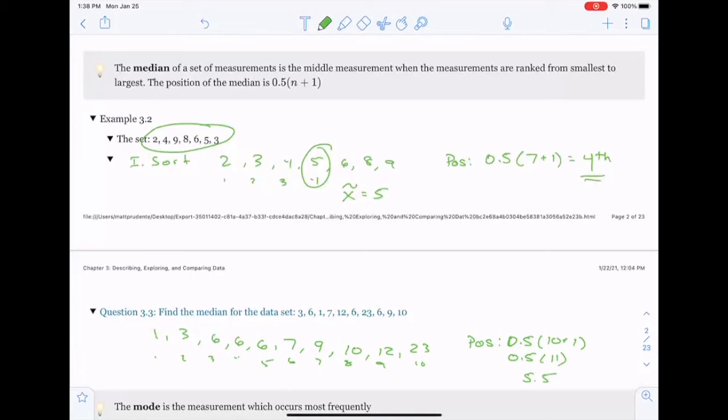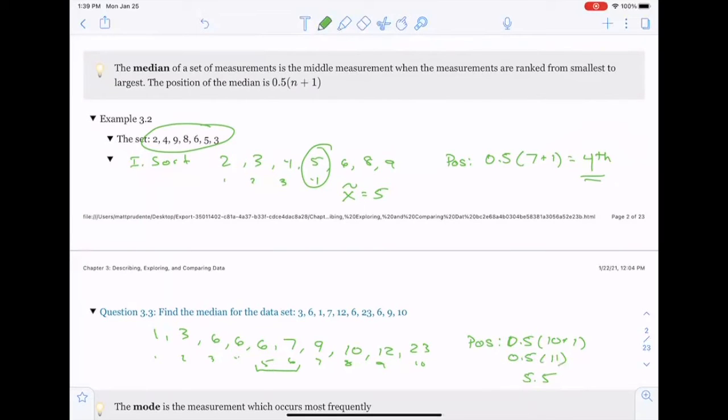And this is different because in our first example, we had an actual 4th data point. Here, we can't have a 5.5th data point. So if we have a decimal, we're going to look at the 5th and 6th pieces of data, the integers that surround 5.5. So 5.5 clearly falls between 5 and 6.